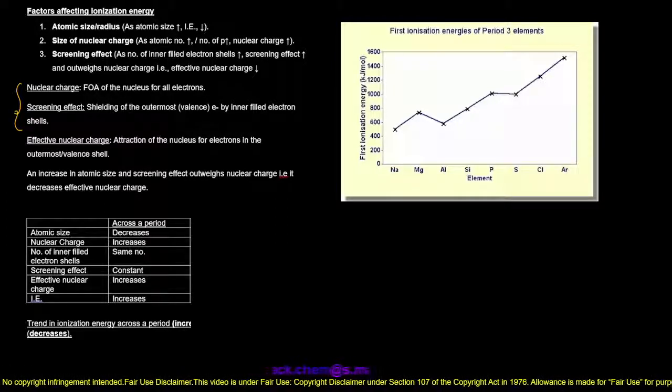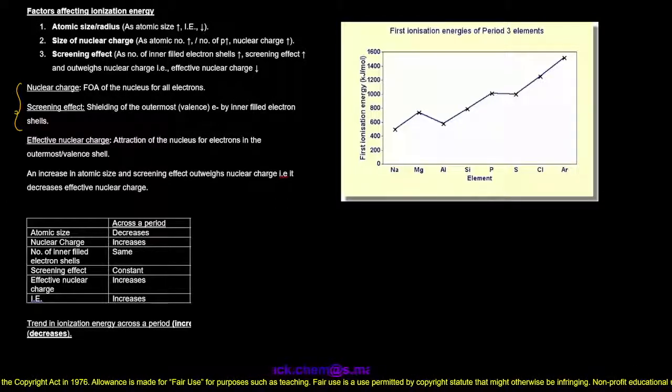For example, in period 3, each atom has 3 shells, and they should therefore have 2 inner-filled electron shells, shell 1 and 2. So that means for all the elements in the same period, they have the same number of inner-filled electron shells. This should tell us that the screening effect is constant.